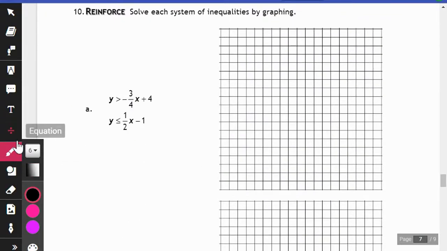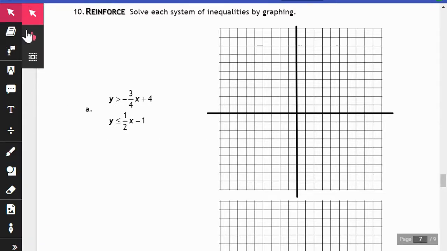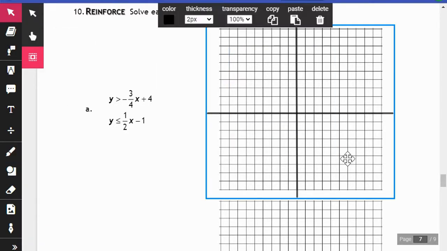Okay, I'm just going to really quickly make some lines. There's that stuff. I'm just going to cut and paste this so I can use it for the next one.